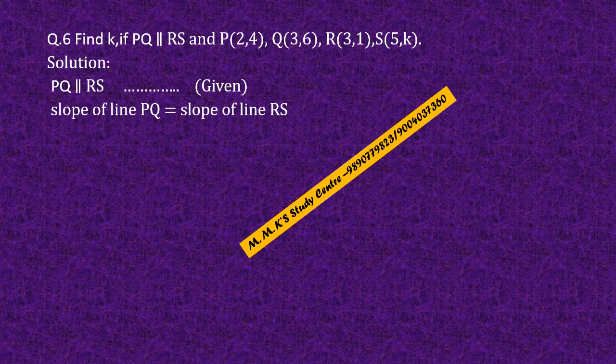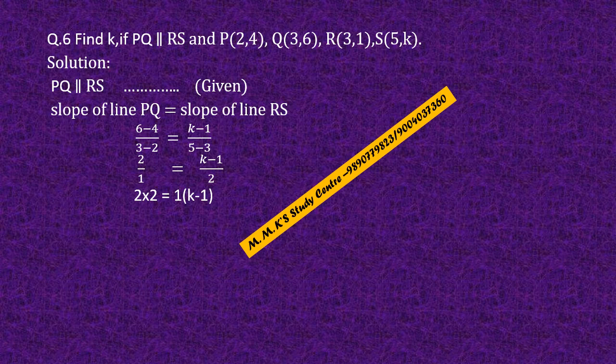Here y2 we have 6 and y1 we have 4, so 6 minus 4; x2 we have 3 and x1 we have 2, so 3 minus 2. This is equal to, again, y2 we have k and y1 we have 1, so k minus 1; x2 we have 5 and x1 we have 3, so 5 minus 3.